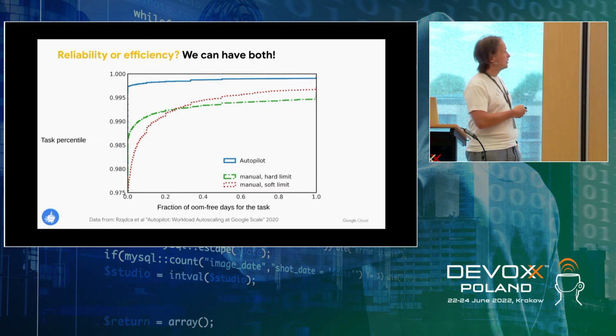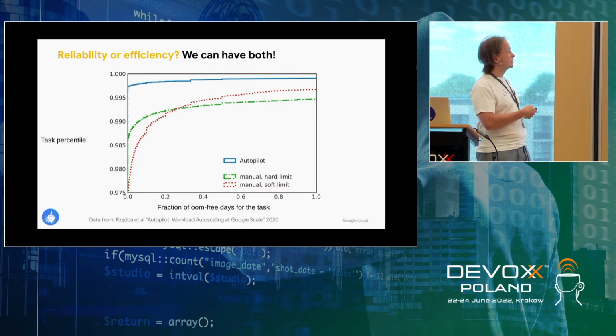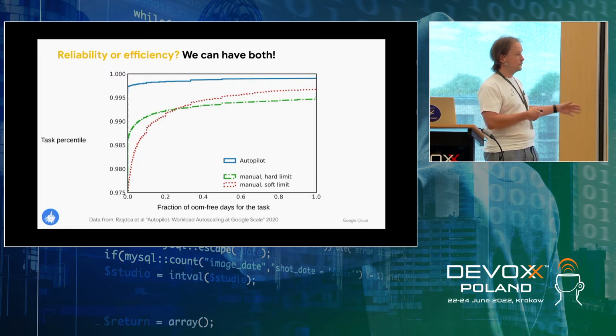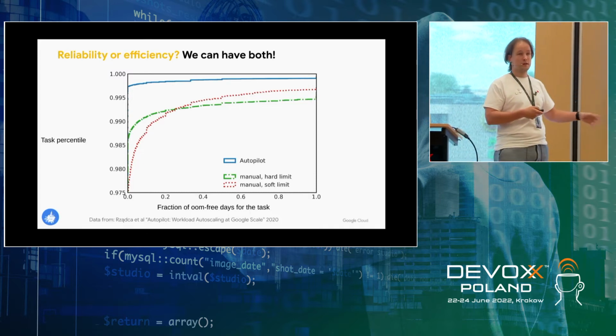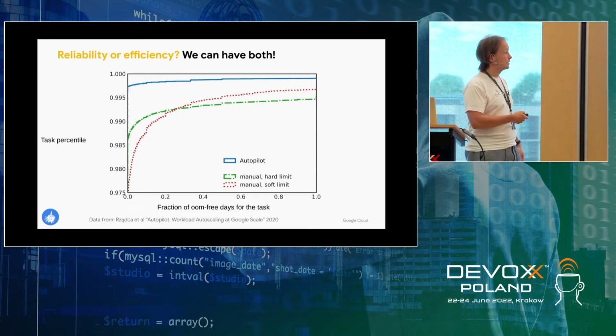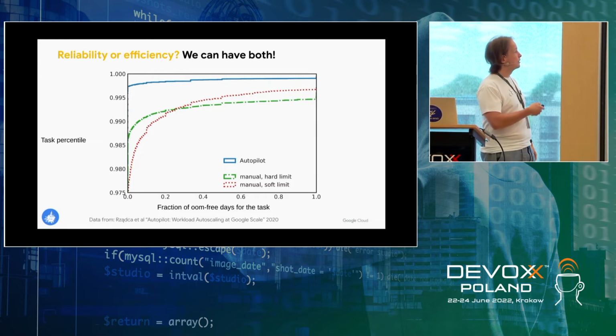Here we have task percentile. If a single service has 1,000 tasks, each of them is calculated separately here. And here is the fraction of free days. Oh, I'm sorry, this is the fraction of free days, and this is the percentile of tasks.